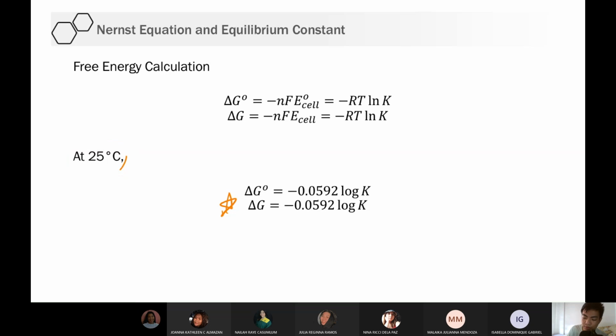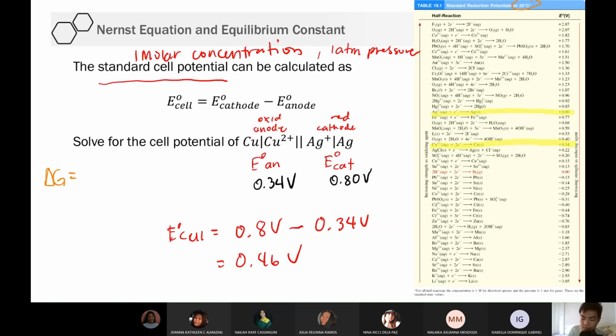So we'll use this equation on the top. E cell nga pala yung meron tayo, so we will use this two equation. Okay. So plug in natin yon. Negative nF E cell. Okay. So since standard to, so may bilog sila sa taas kasi standard sila.